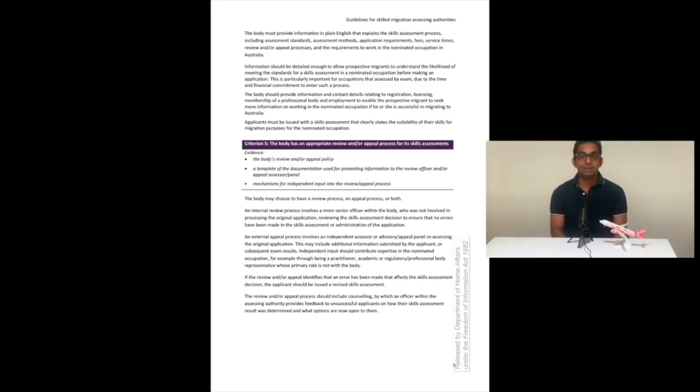And in VETASSESS, for some occupations, you get information sheets which talk more about the occupation, what kind of occupation it is. It clearly tells you whether that is different from another occupation that you might think is relevant. And they talk about relevant education and some experience in the last 5 years, usually when it comes to VETASSESS. So this kind of information should be provided on the website of the skills assessment bodies.